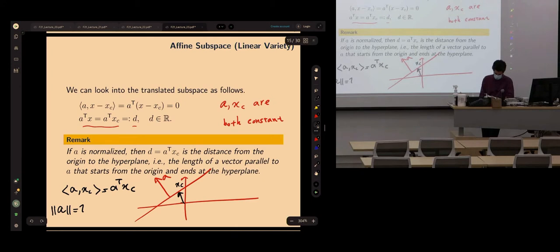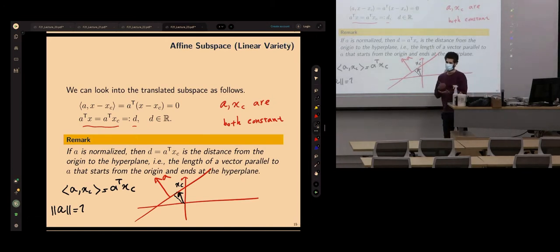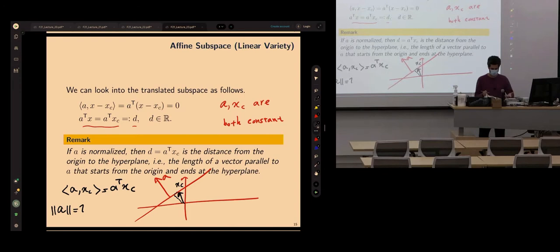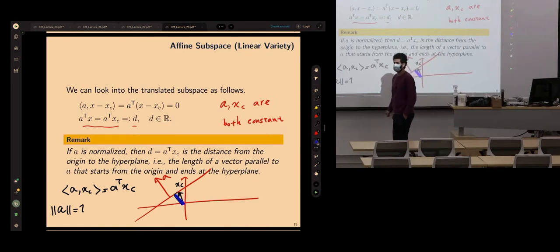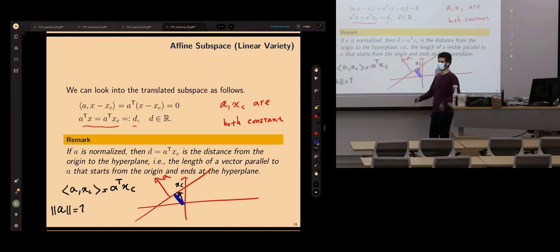So we basically project our vector to be parallel to the normal of the hyperplane, and then we take this magnitude, that's d. And that magnitude, when it's parallel to A, is called the distance from the origin to the hyperplane. So when we talk about distance, it's always about a shortest distance, right?